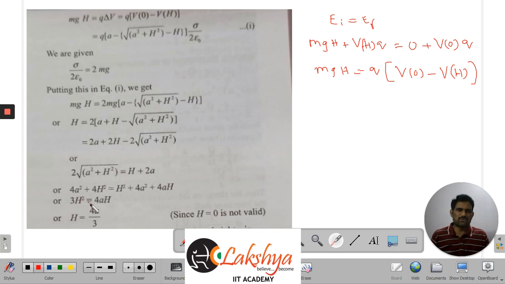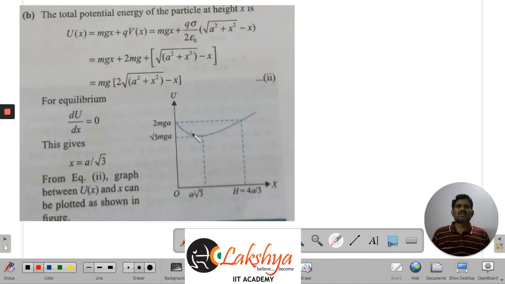So that is the first part of the problem. We calculated the height required, from what height we need to release the particle. Next, we need to draw the variation of the potential energy of the particle. Here they are not asking for electrostatic or gravitational potential energy separately, but the potential energy of the particle, which means both.